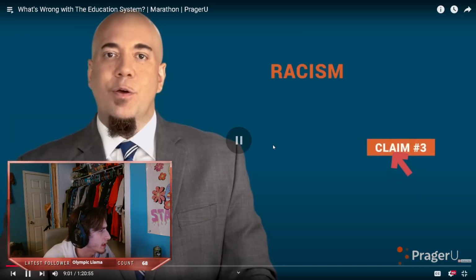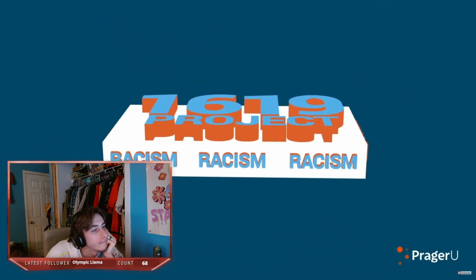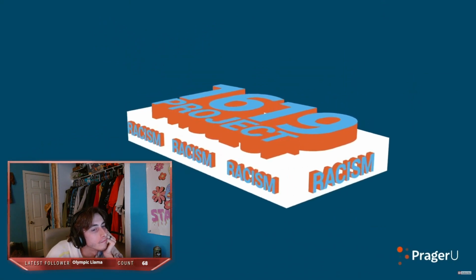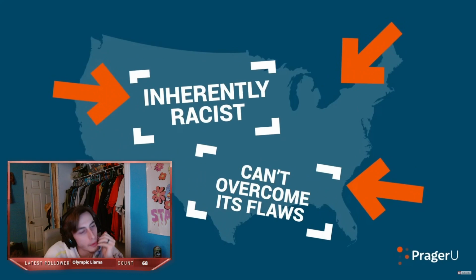Does that mean World War I didn't make America rich because we got absurdly rich off of World War II? Racism is an unchangeable part of America. This argument is more philosophical than scholarly, but it undergirds the entire 1619 Project. It's also pernicious because it suggests that the United States is an inherently racist country that can't overcome its flaws.